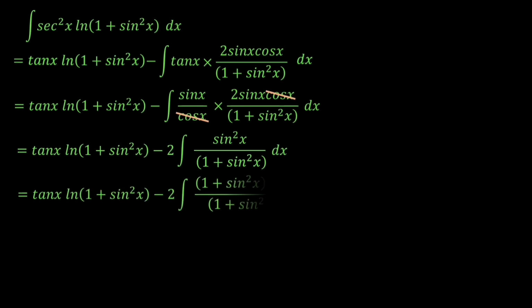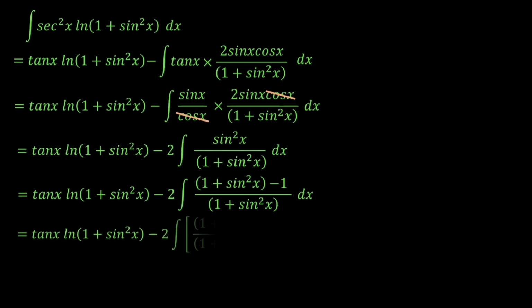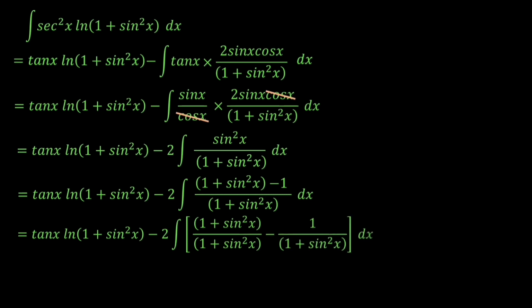To cancel out the plus 1 we can put minus 1. After that we can divide (1 + sin² x) and minus 1 by the denominator 1 + sin² x. We can cancel out the denominator 1 + sin² x and the numerator 1 + sin² x.